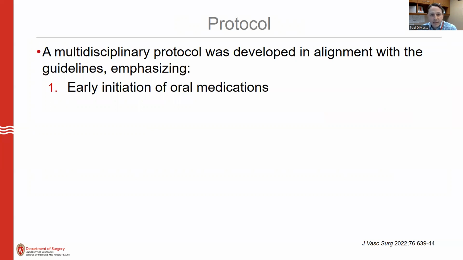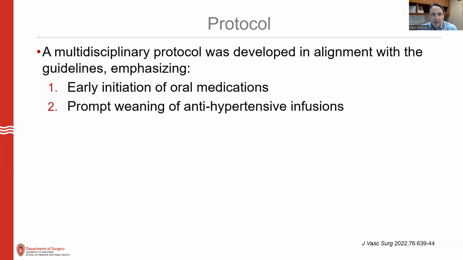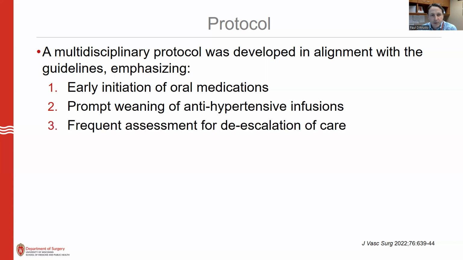This protocol was made using input from pharmacy, cardiology, critical care, anesthesiology, vascular surgery, and emphasizes the early initiation of oral medications. We try to wean the antihypertensive infusions as quickly as possible once oral medications are on board, and we have frequent assessment for de-escalation of care.